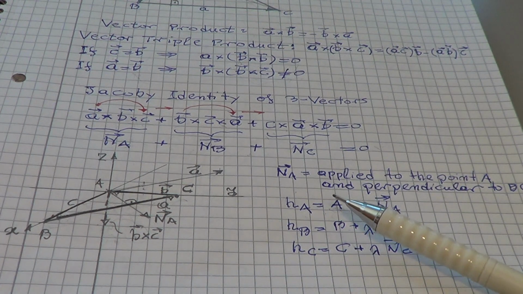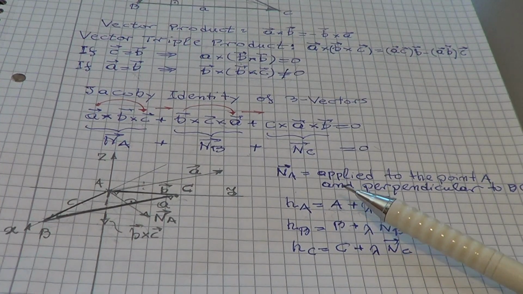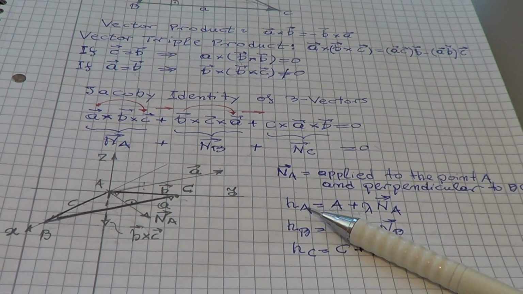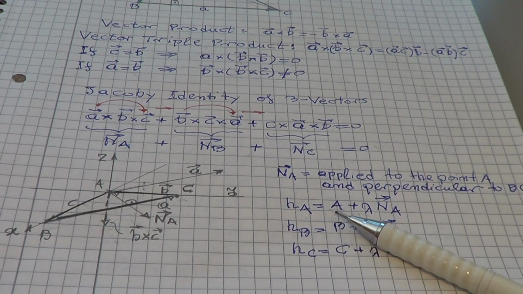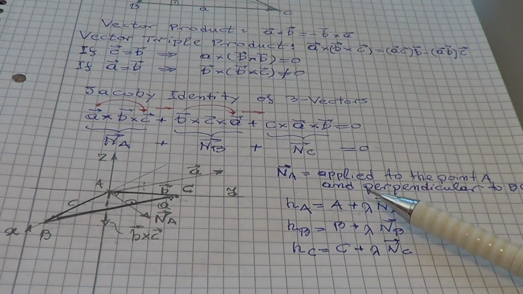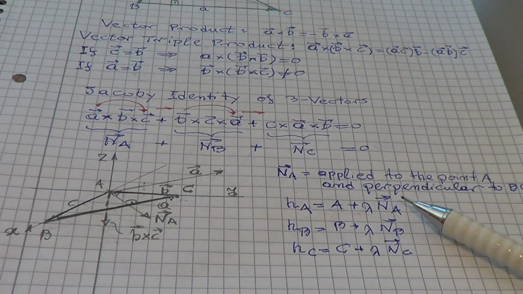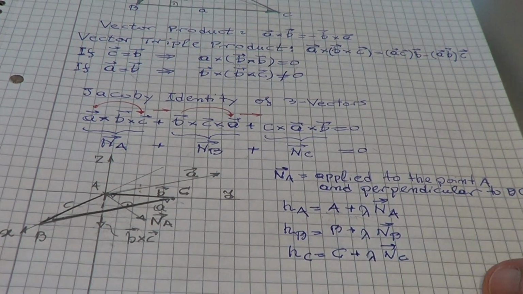But this is also the height of the triangle from the point A. Therefore, H sub A is equal to A plus a proportional vector of the vector N_A. The same applies also for the rest.